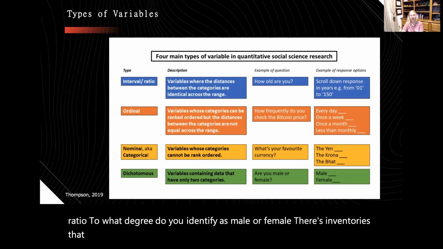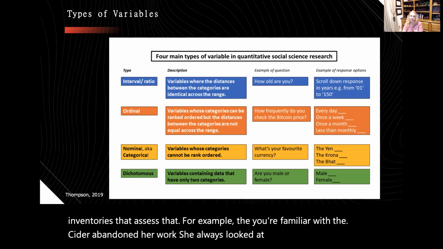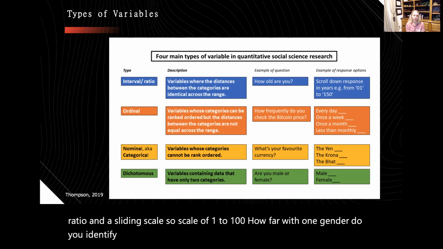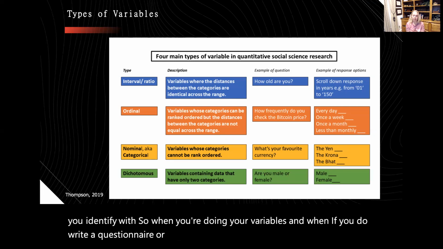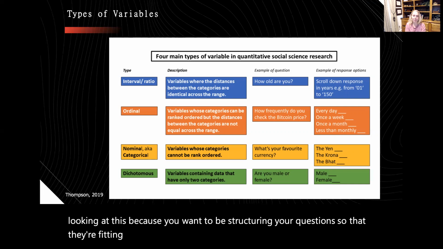For example, if you're familiar with Sandra Bem and her work, she always looked at gender in an interval and ratio and a sliding scale. So on a scale of 1 to 100, how far with one gender do you identify? So when you're doing your variables, and if you do write a questionnaire or you do come across your measures, you want to be structuring your questions so that they're fitting into traditional measures of variables in social science research.